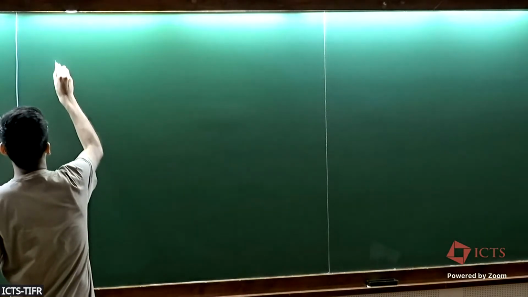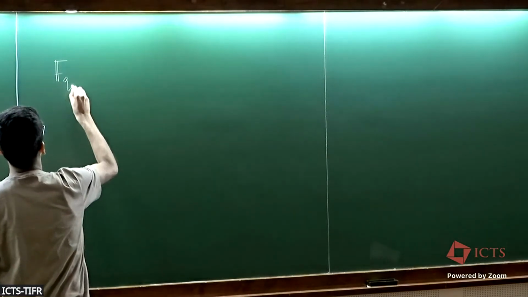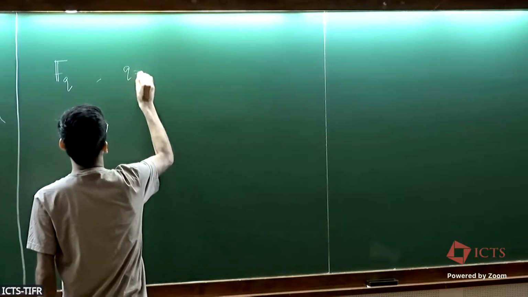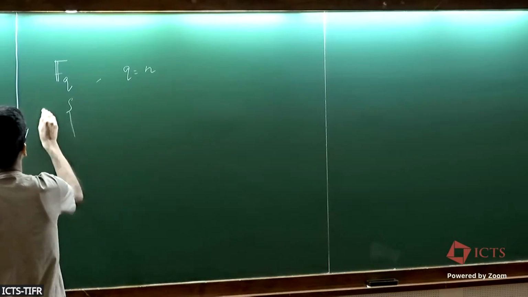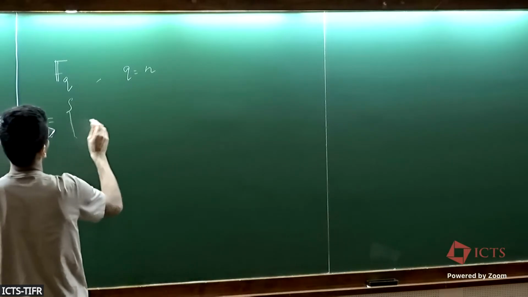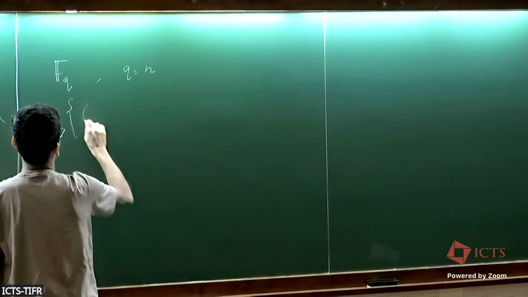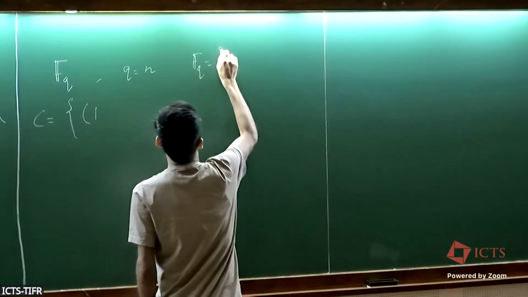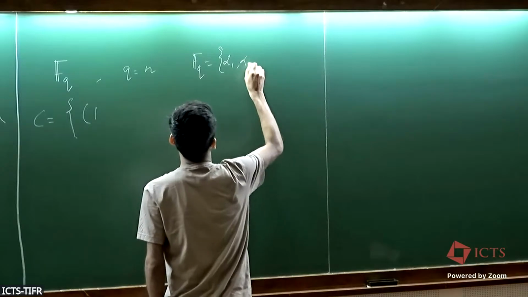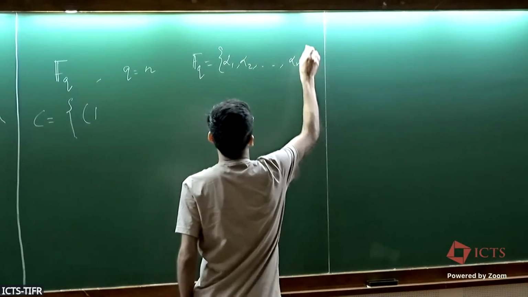So Reed-Solomon codes were defined in the 50s. Let's recall what the definition was. So we had a finite field F_q, and q was equal to n. And the code itself was defined as follows: we labeled the elements of the field as alpha 1 up to alpha n.